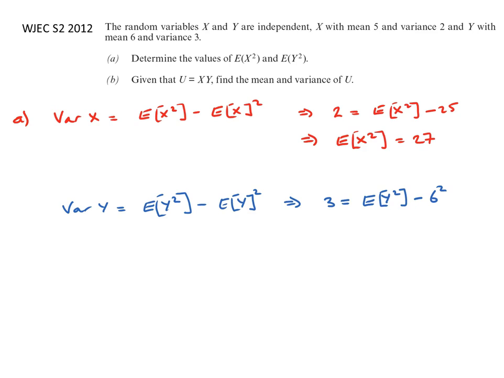We know the variance of y is 3, and we also know that the mean of y, or the expected value of y, is 6. So we know that 3 is the expected value of y squared take away 6 squared. So the expected value of y squared must be 39.